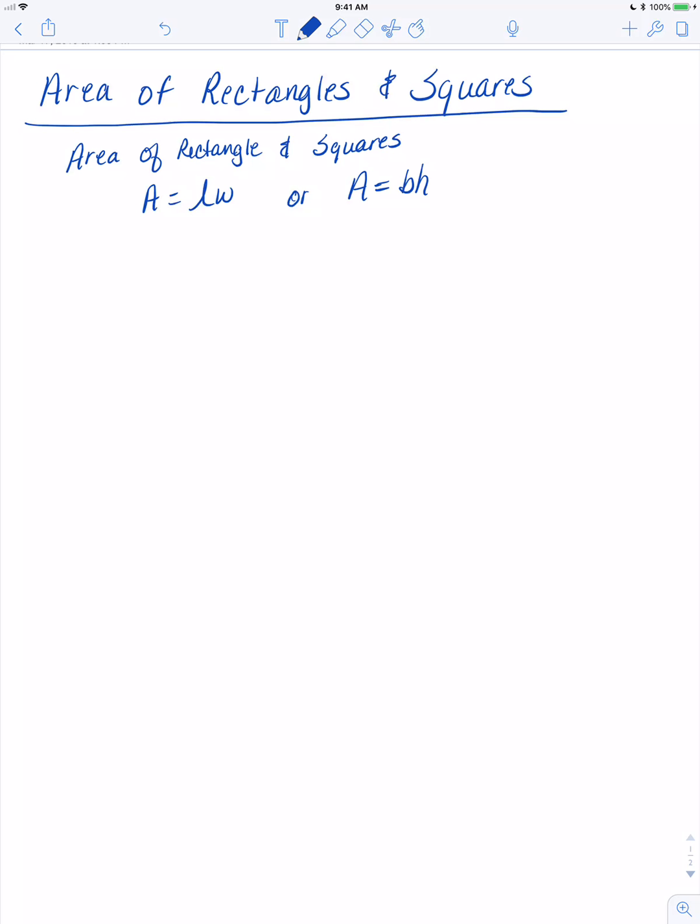We're going to do some rectangles first. So let's draw a rectangle. And if we just remember the properties of those rectangles, it just means that both of those sides are always the same length.